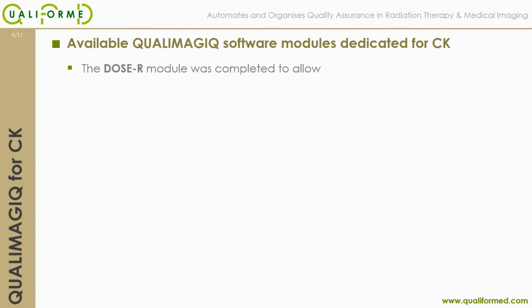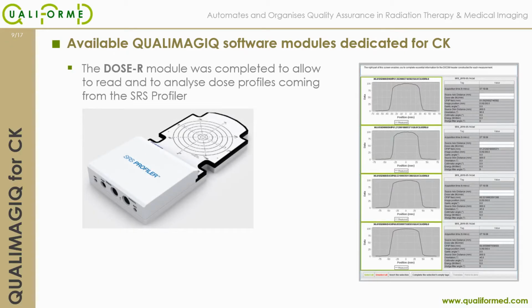We also have the capability to automate analysis of those profiles measured with the Sun Nuclear Profiler supplied with the accelerator installation. As these measurements have been converted by QUALIMAGIQ into DICOM format earlier on, automatic analysis is possible with QUALIMAGIQ's dosimetry module.